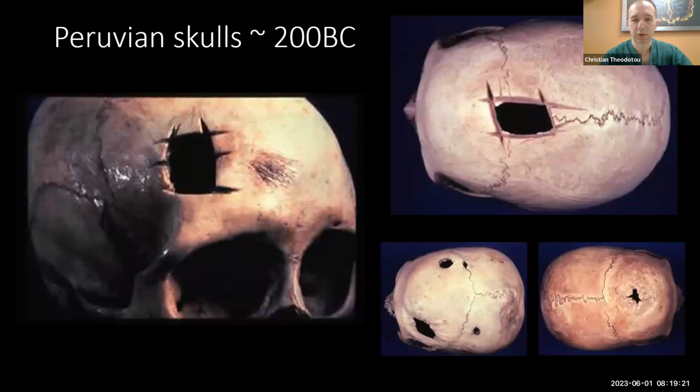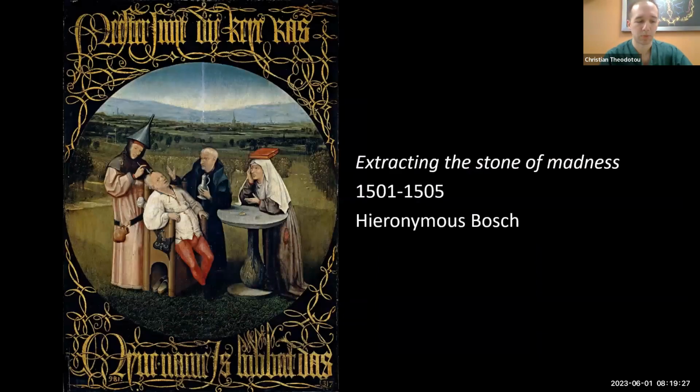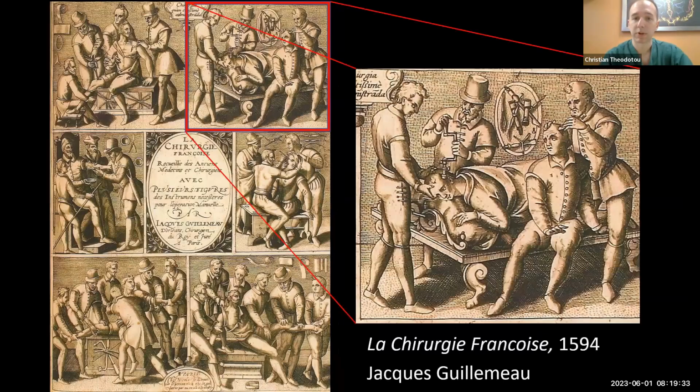Here's some Peruvian skulls that have been trephined from 200 BC. There's multiple works of medieval art showing them doing trephinations. This one's from the 1500s. This one is from France, again in the 1500s, where they're showing different surgical procedures at the time, including bloodletting and, I don't know, stabbing some guy in the leg and stuff, and amputations.